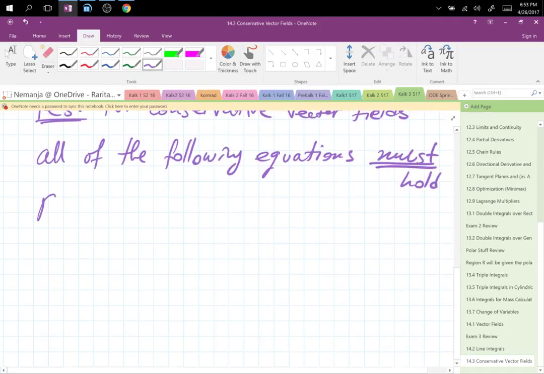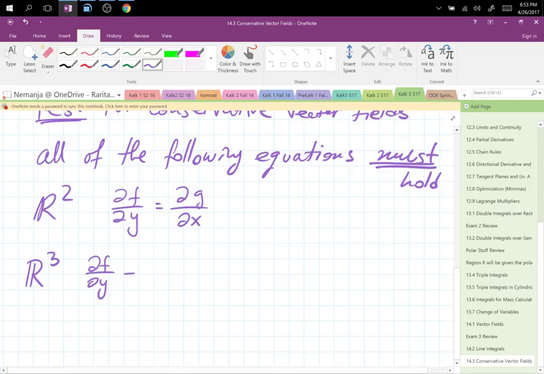So for R2, there is only one: partial f partial y is partial g partial x. That's the only one because you're in 2D, right? But for 3D, you have three combinations, and they all have to hold. Partial f partial y equals partial g partial x, the same one as above. And then partial f partial z is partial h partial x, right?